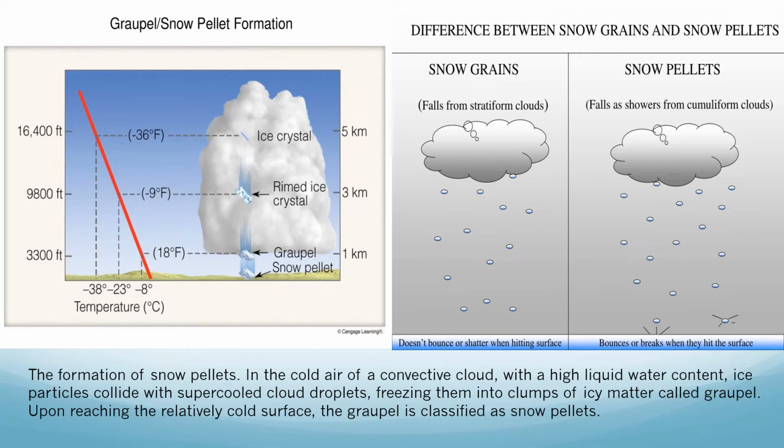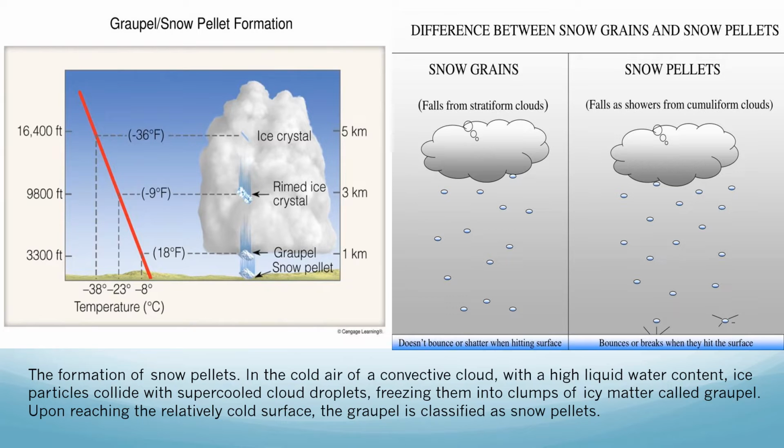These small air bubbles have two effects on the growing ice particle. Number one, they keep its density low, and number two, they scatter light, making the particle opaque. By the time the ice particle reaches the lower half of the cloud, it has grown in size and its original shape is gone.